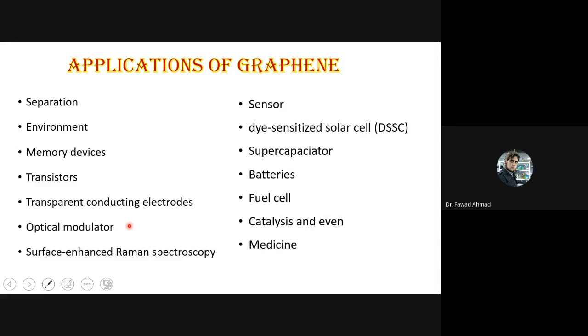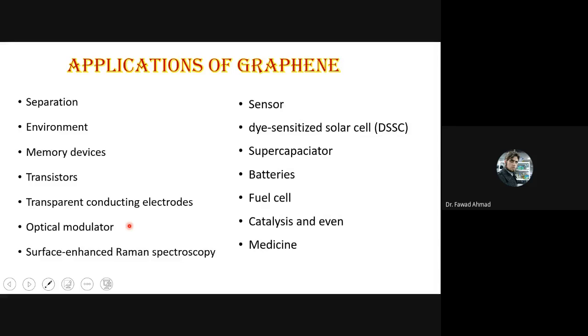How they can use it is a complete topic for discussion, and there are a lot of papers on graphene separation. We have known graphene since 2004. Now it's almost 16 years, and in those 16 years there are hundreds of papers only on that separation process.